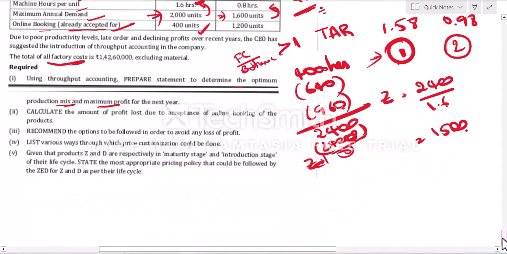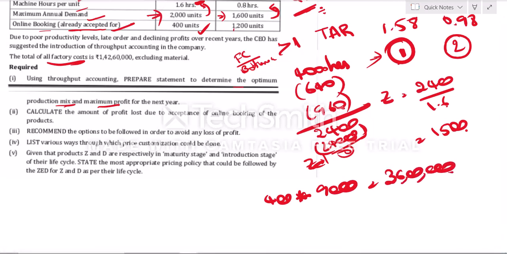They have asked to find the maximum profit. So first, 400 units of Z into what is the contribution we are earning from Z? 9000. So 36 lakhs.